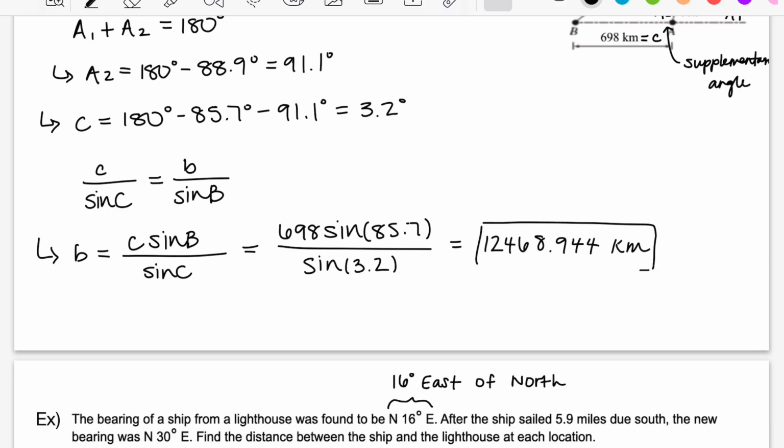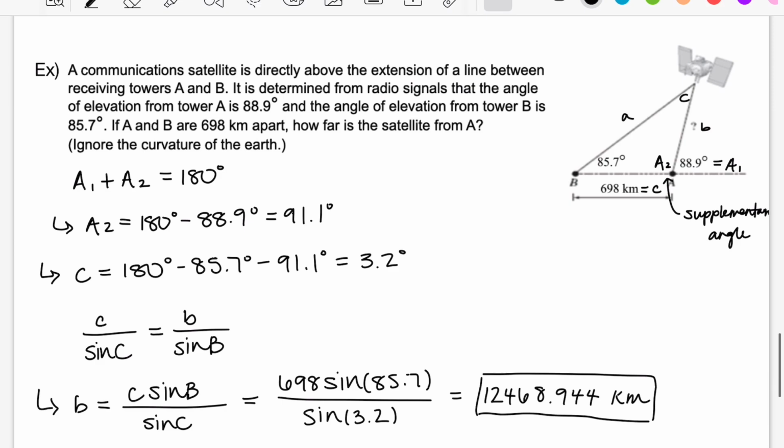So the distance between our tower A and our satellite here is going to be this.